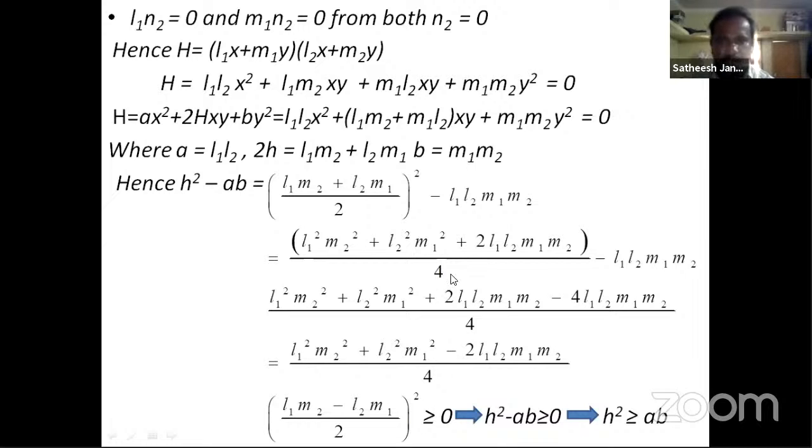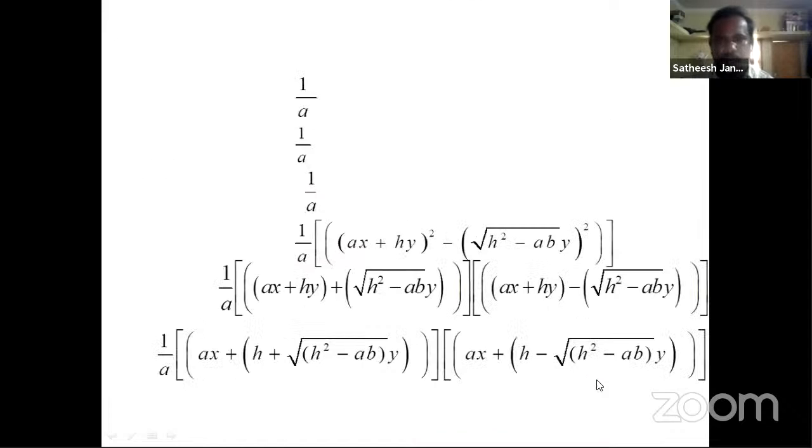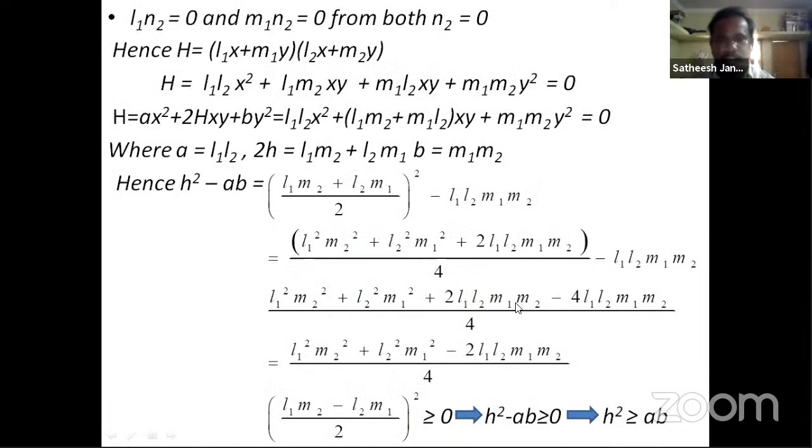LCM multiplying with L1 L2 M1 M2, that is minus 4 L1 L2 M1 M2, by total 4. Where this is 2 times L1 L2 M1 M2 minus 4 times L1 L2 M1 M2. Subtracting, we get minus 2 times L1 L2 M1 M2.